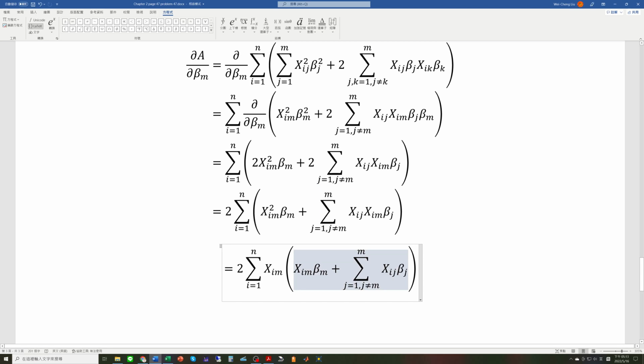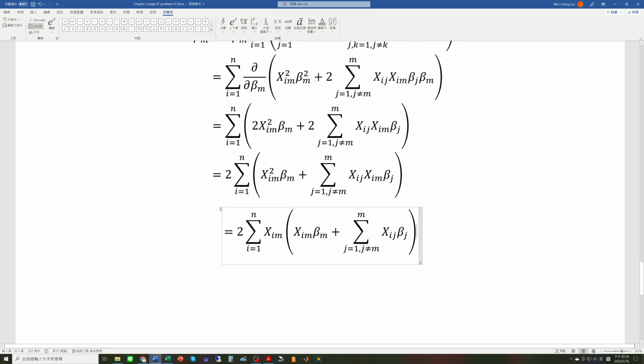So we have xim times parentheses xim beta m plus summation j is equal to 1 to m, j is not equal to m, xij beta j. And please note that this term is equal to this term with j replaced by m. So we can combine these two terms together.